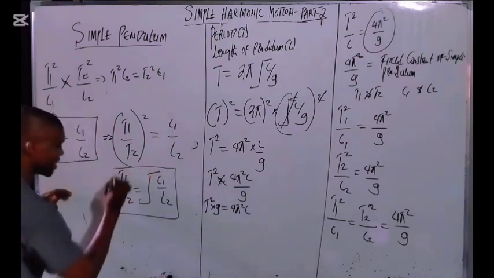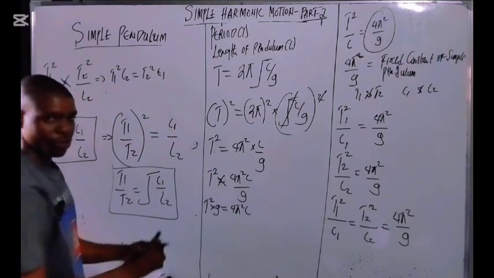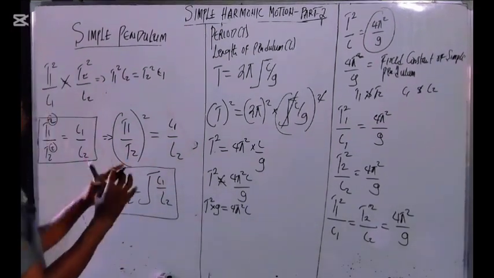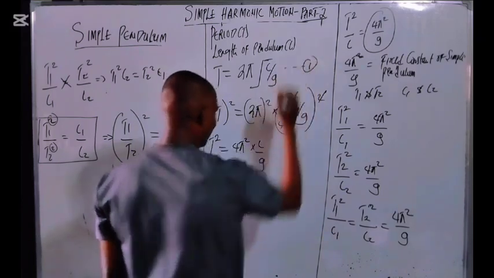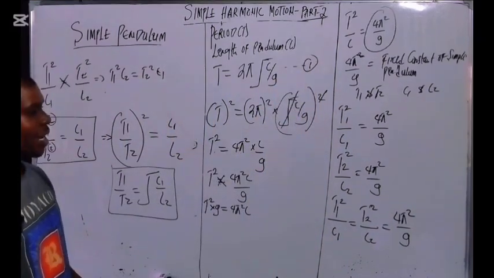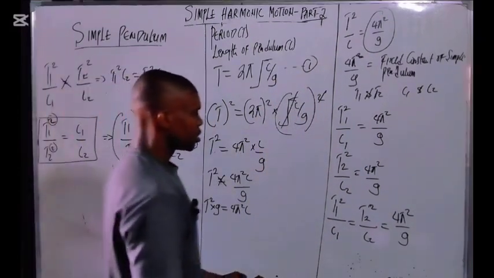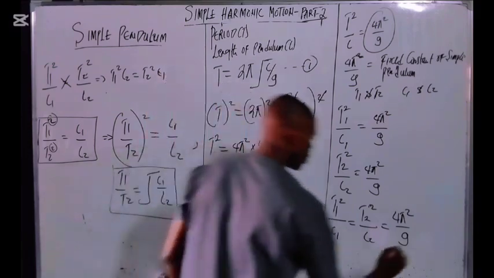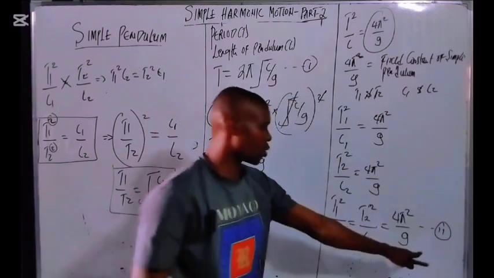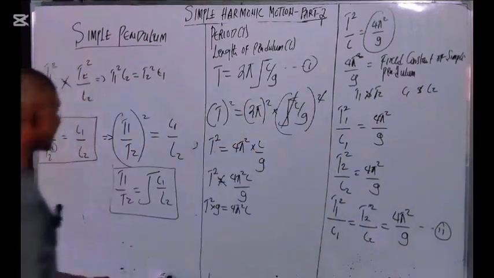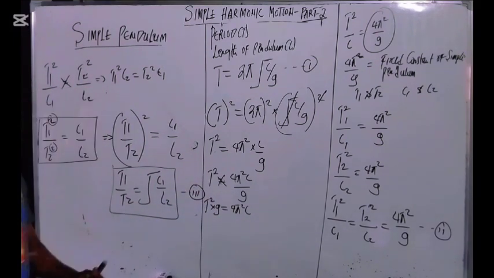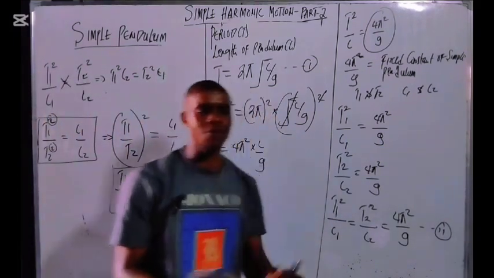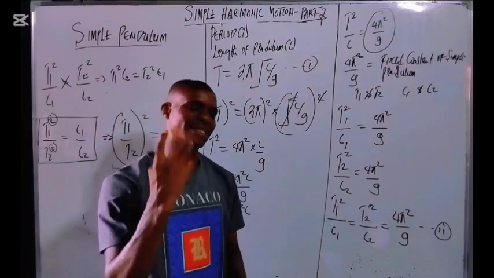Now these are the things you want to make use of in our calculation. So when it comes to the simple pendulum, the first one is equation 1, the next is equation 2, and the next is equation 3. So we have to solve some common problems now so you understand this better.